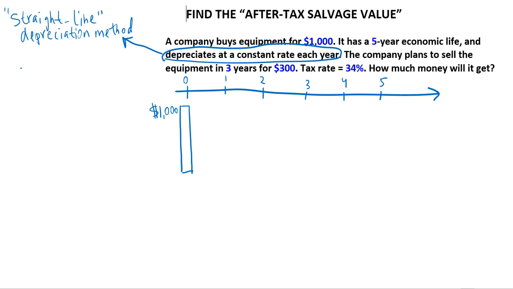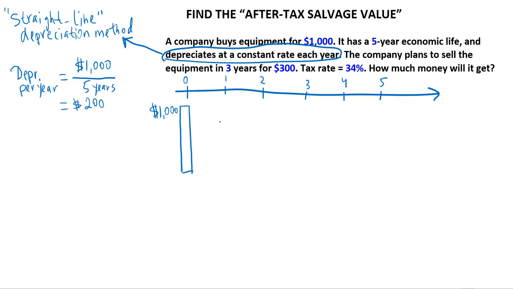Straight line. What does the straight line method mean? It means that in order to calculate depreciation per year, you can take the price that is paid now, which is the initial value, right? You take $1,000 and you simply divide by the economic life, which is 5 years, and what we get is $200 per year.